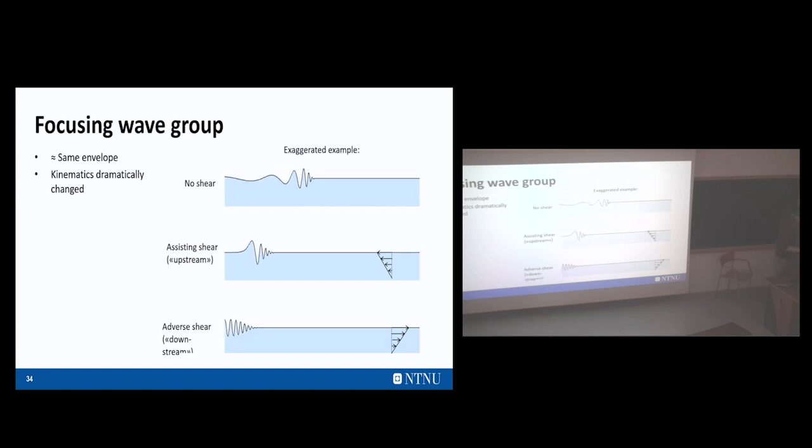And if you look at the appearance, the envelope is basically the same, but this one has a very slow evolution, whereas this one looks quite volatile. And you will see that the wave-induced velocities are much higher here than they are here. This is exaggerated, of course, but it matters a lot to how these waves appear if you approach them with a ship, for example.